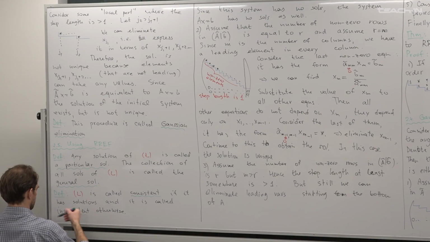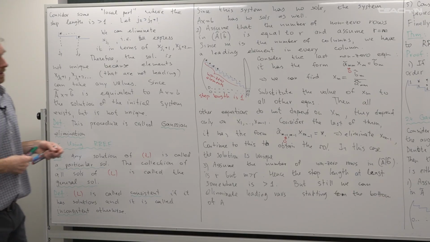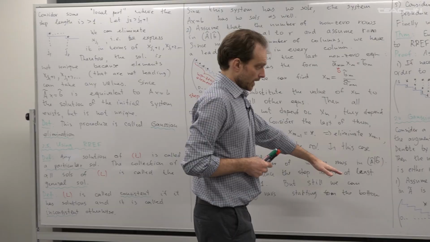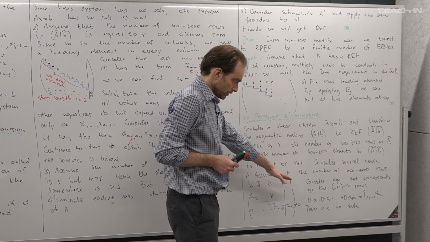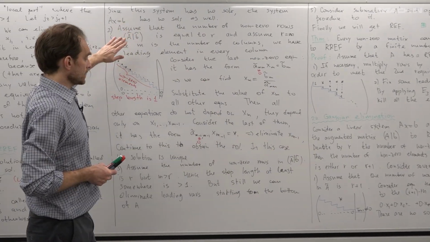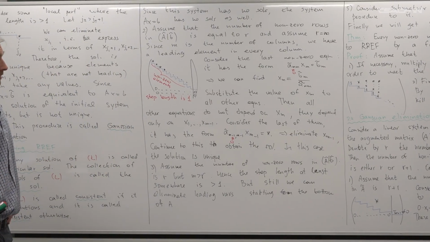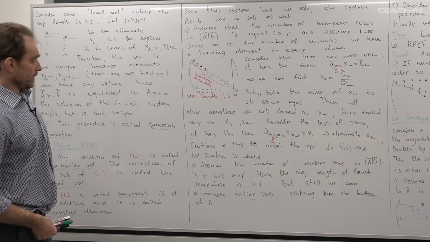If we go back to these cases, in the first case our system is inconsistent because there are no solutions. In the second case and in the third case, it is consistent just because it has solutions. In the second case it has a unique solution, but in the third case it has infinitely many solutions.